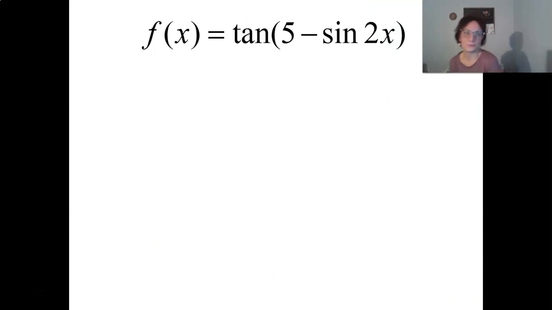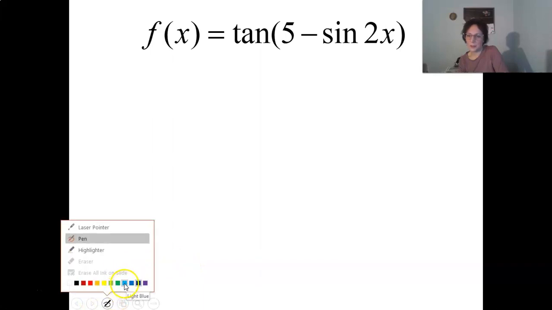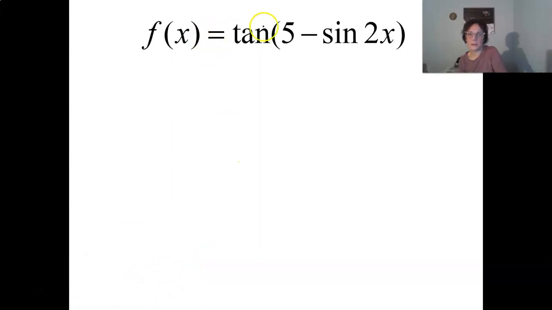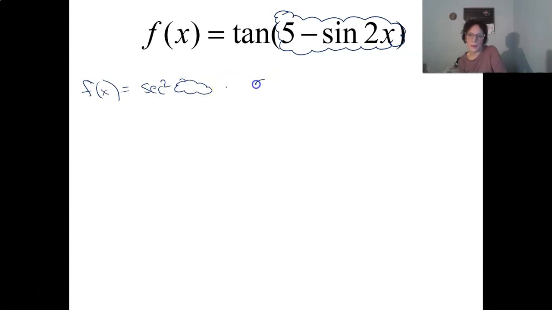Okay, here's another one. When you first look at this, hopefully you see your cloud or your baby, whatever you want to call it. So I have the tangent of this thing. We're going to start off by simply saying that the derivative of the tangent of a cloud is the secant squared of that cloud, and then I need cloud prime.